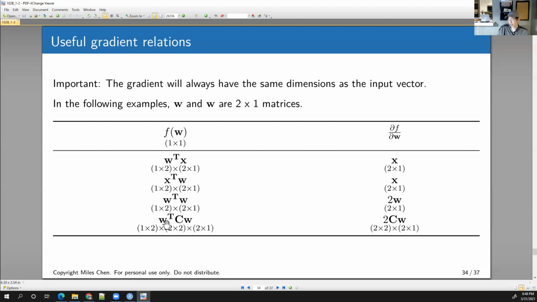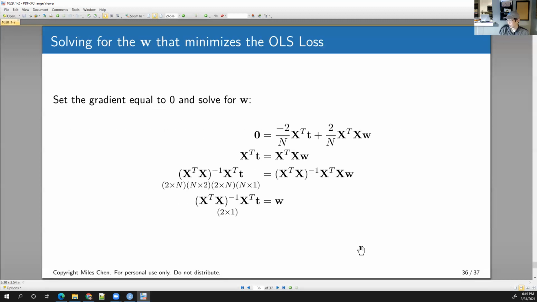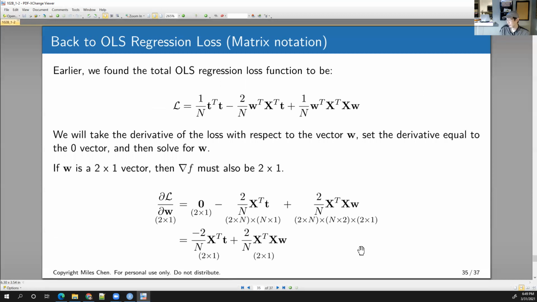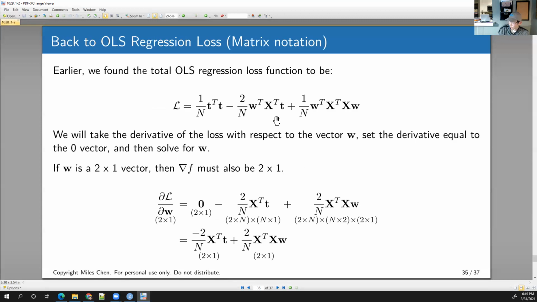And here, if you have some square matrix C, you get W transpose CW. The gradient of this is going to be 2CW.